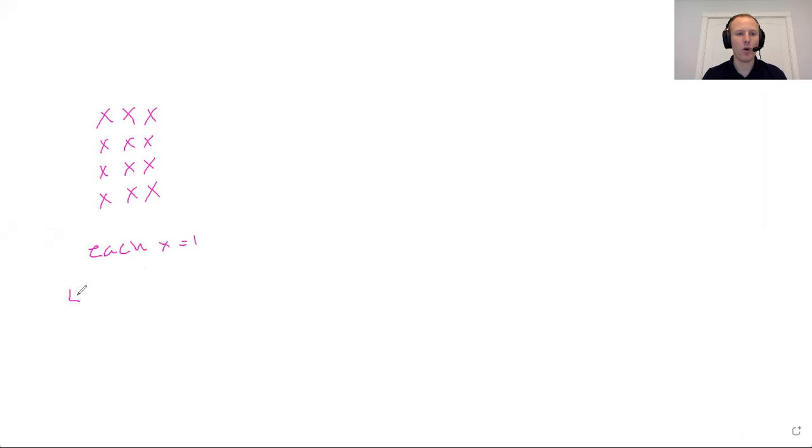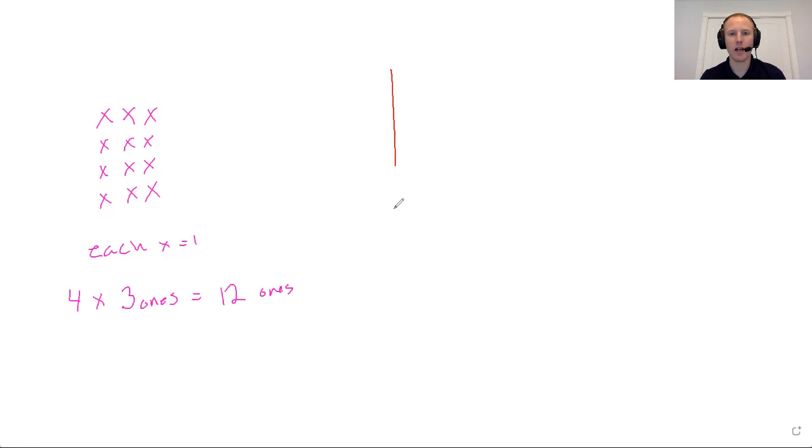So I have 4 rows times 3 ones. There are 4 rows and there are 3 ones in each row, so there are 12 ones altogether. That one's straightforward. That goes back to the very beginning of 3rd grade. We've done that literally hundreds of times this year.